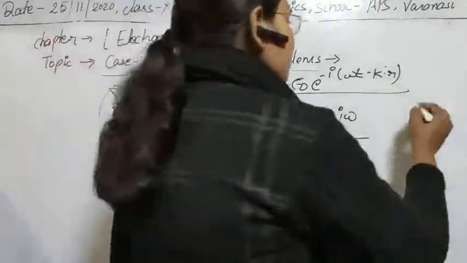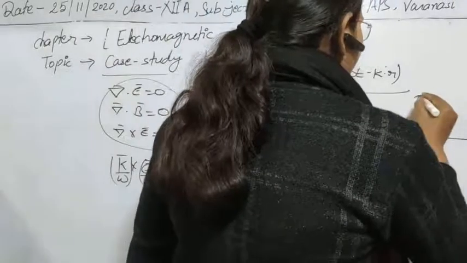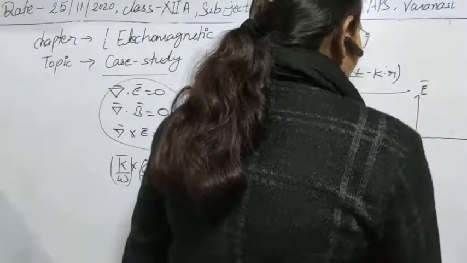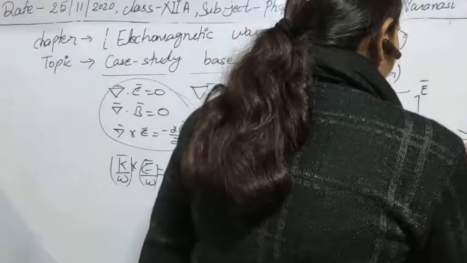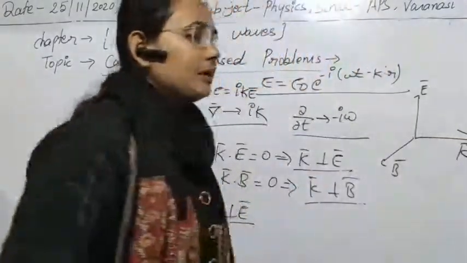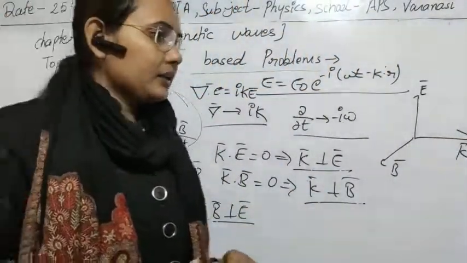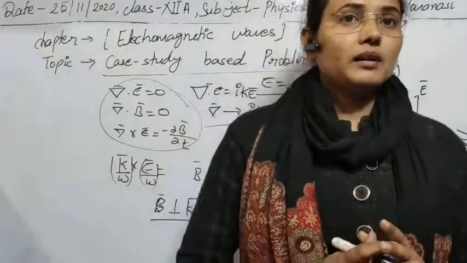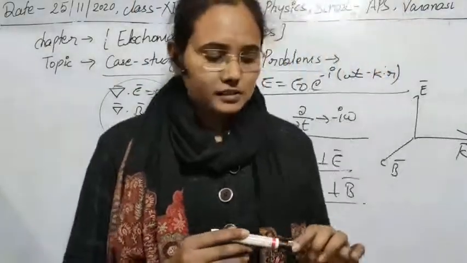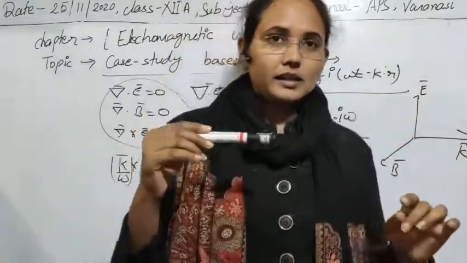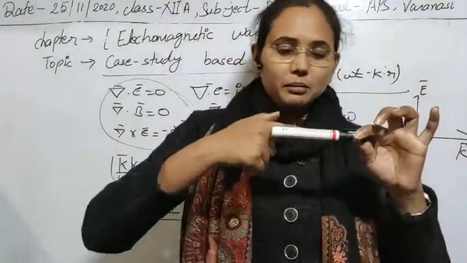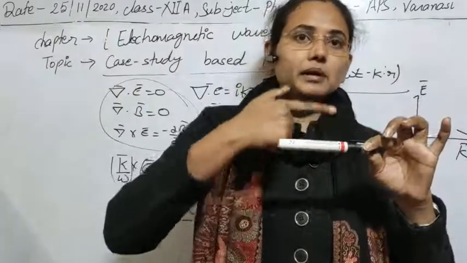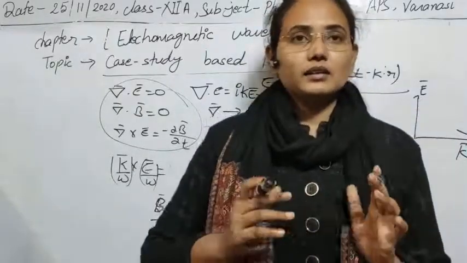If these are mutually perpendicular, it means the components are vibrating in perpendicular directions. And you know that when we were studying wave phenomena, if this is the direction of propagation of the wave and the particles are oscillating in a perpendicular direction, then this is a transverse wave.